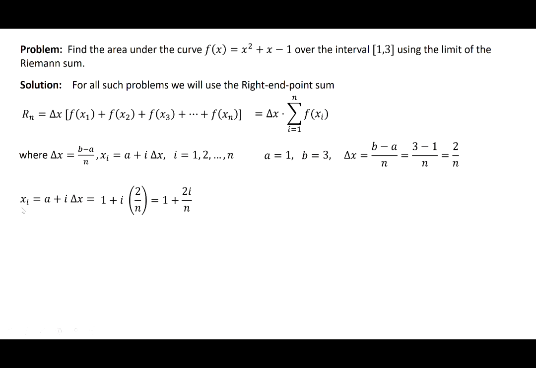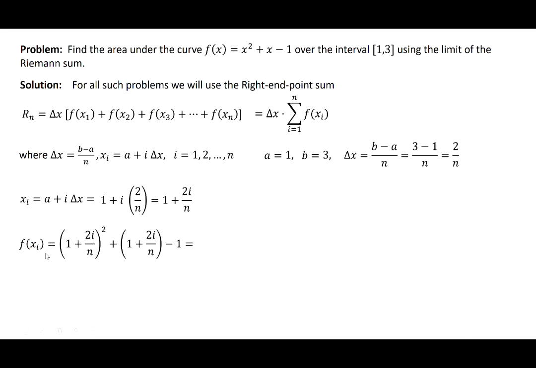So if I ask you f of x sub i, and x sub i happens to be 1 plus 2i over n, would you know how to find it? Of course, you plug 1 plus 2i over n for x. As simple as that. That's exactly what we're going to do next.